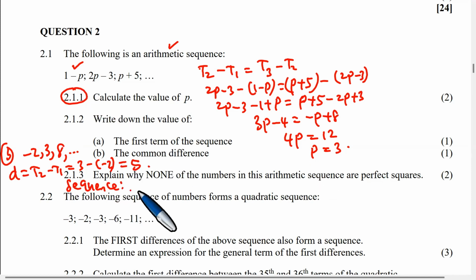If you put 3 here, it's going to be exactly minus 2. It's going to be 3. It's going to be 8, and so on. Okay, if this is said, the question then becomes, why? Explain why none of the numbers in this arithmetic sequence are perfect squares.